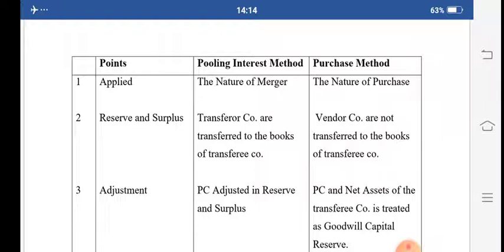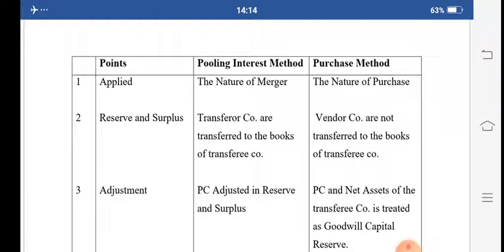Next, point number two, which is reserves and surplus. In the pooling of interest method, the reserves and surplus of the transferor company are transferred to the books of the transferee company.